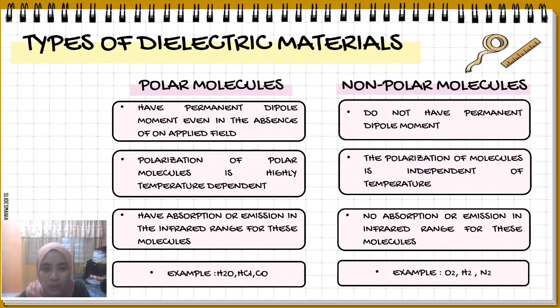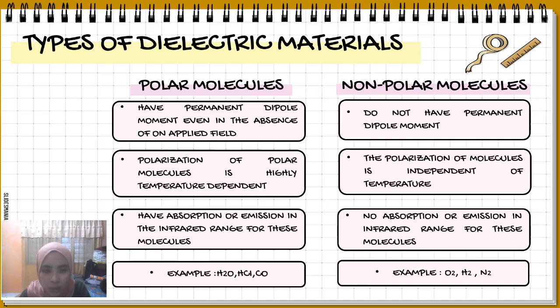Next, we go to the types of dielectric material, which are polar molecule and non-polar molecule. A polar molecule has a permanent dipole moment even in the absence of an applied field. The polarization of a polar molecule is highly temperature dependent, and the polar molecule has absorption or emission in the infrared range.